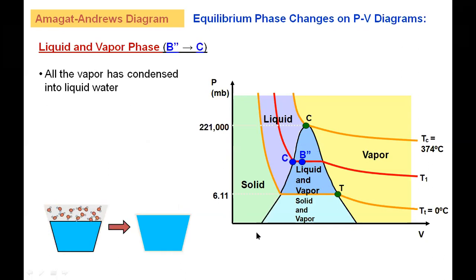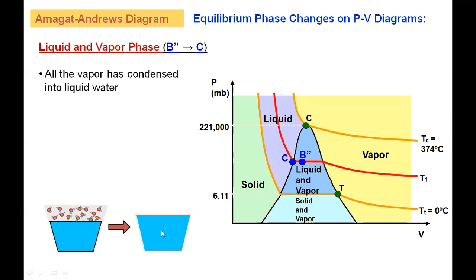Okay, another case. We go from where? From B prime to the border C at this point. Now all vapor has condensed into liquid water. إذا جميع الvapor أصبح متكاثف as a condensation راحت لإيش السائل liquid water.